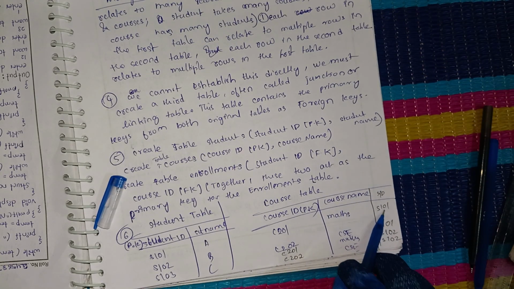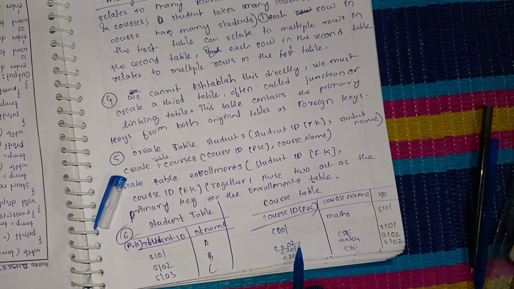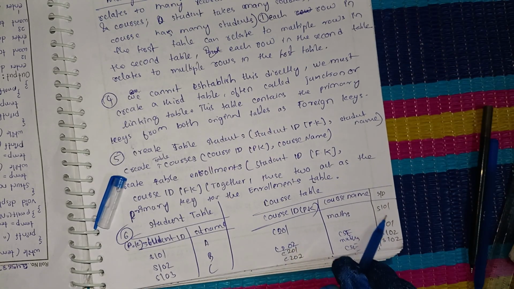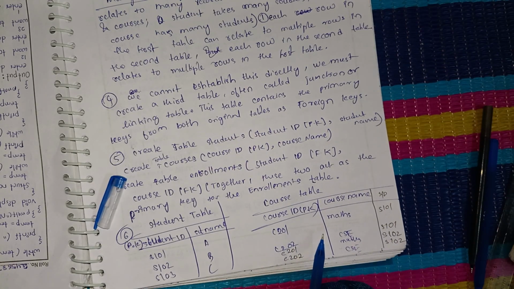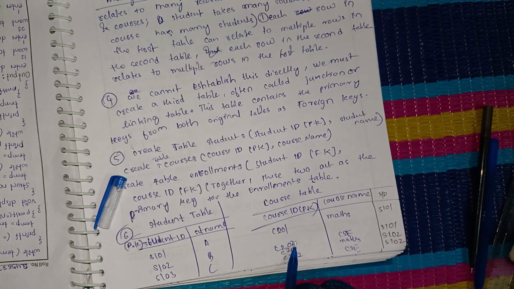So each row in the student table relates to multiple rows in the second table, which is two courses. Means a student has joined in two courses, C201 and C202.